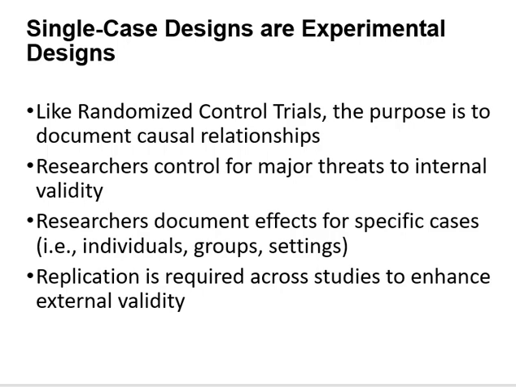Finally, replication is a hallmark in single-case research. Our focus in single-subject research is on the individual case or system, and we often seek to generalize our findings to specific individuals rather than broader, larger, randomly selected groups. Replication, or repeating our effects across individual cases and settings, enhances external validity.